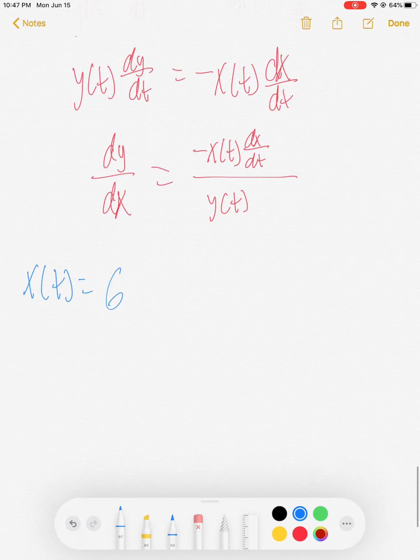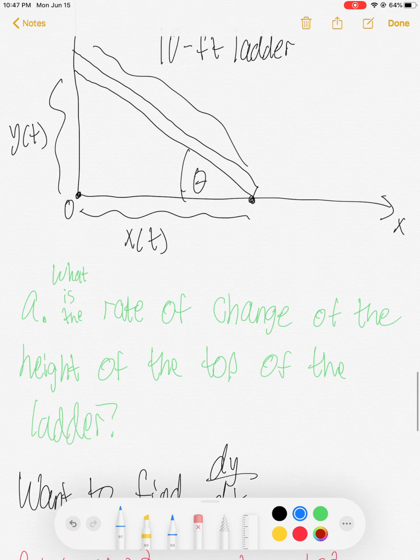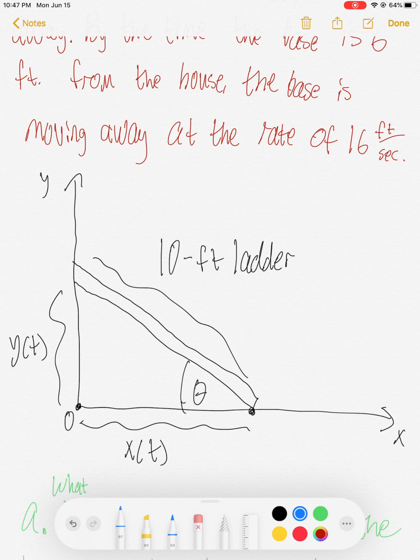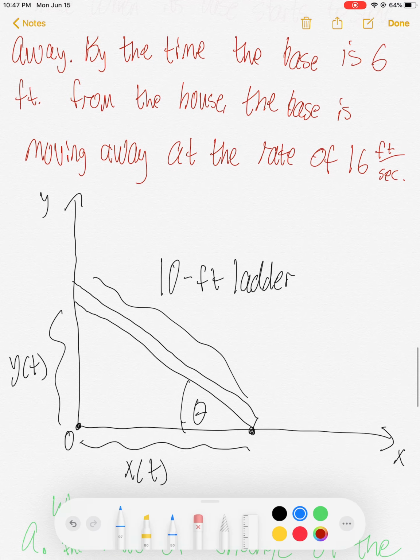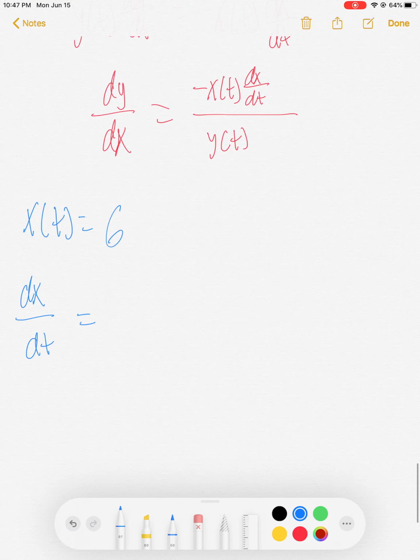Well, x of t, we are told that by the time the base is 6 feet away from the house, so this gives us our x of t, because this is saying this is the length of the base of this triangle here. Okay. So x of t is just 6. How about dx dt?